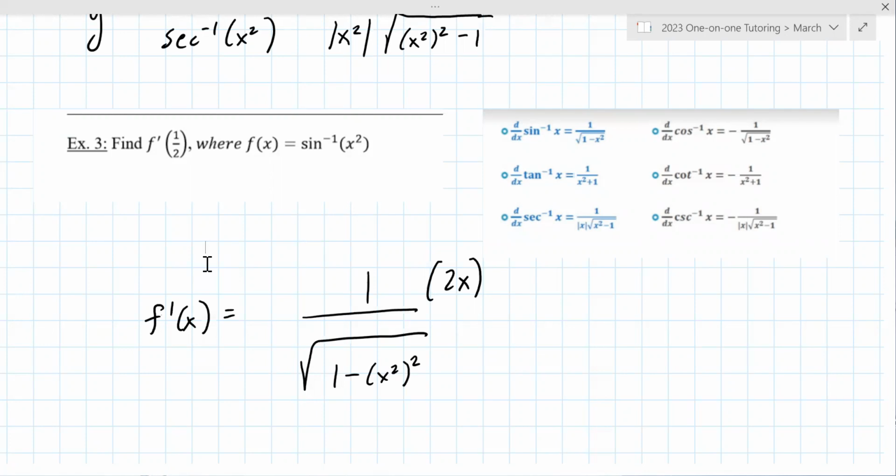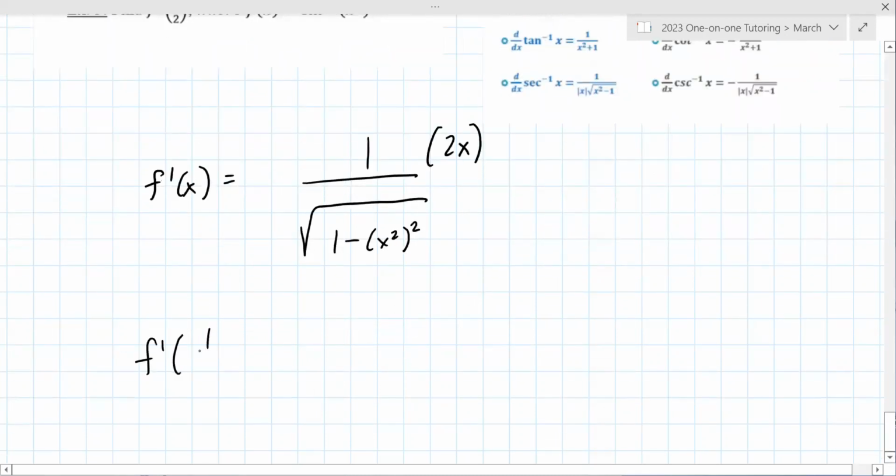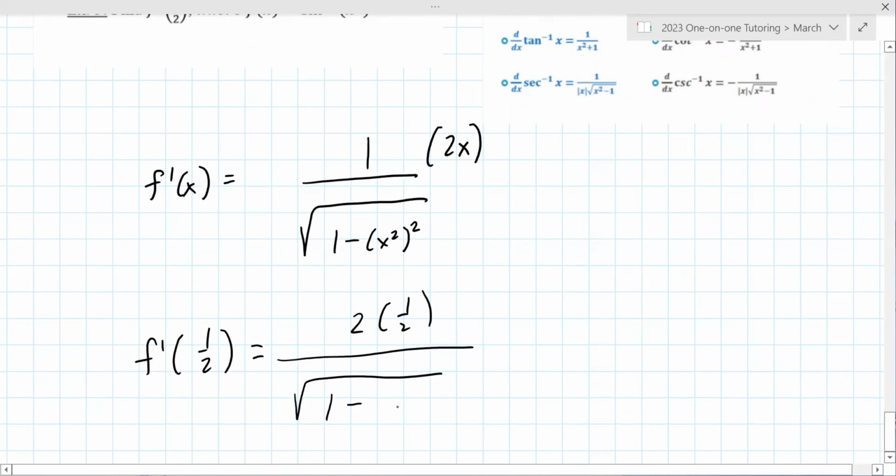Now the next thing is that they want you to evaluate the derivative at 1/2. So 2 times 1/2 in the numerator. Square root of 1 minus, and it's really x to the fourth now, so we're going to do 1/2 to the fourth power, which is 1 over 16.